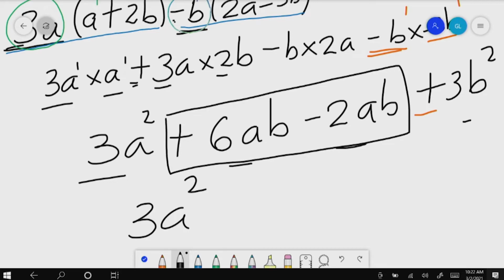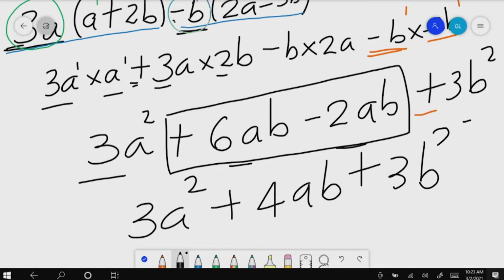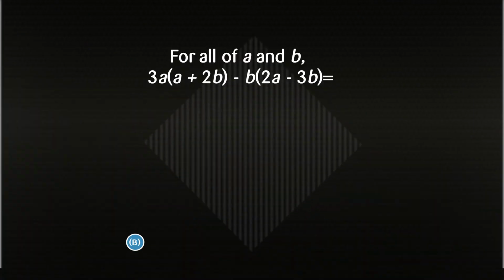In simplifying, 6AB minus 2AB would have given us a positive 4AB, and there's no other B squared term, hence we rewrite the 3B squared. So our solution for this question for all A's and B's would have been 3A squared plus 4AB plus 3B squared, which would have given us B, the solution for this question.